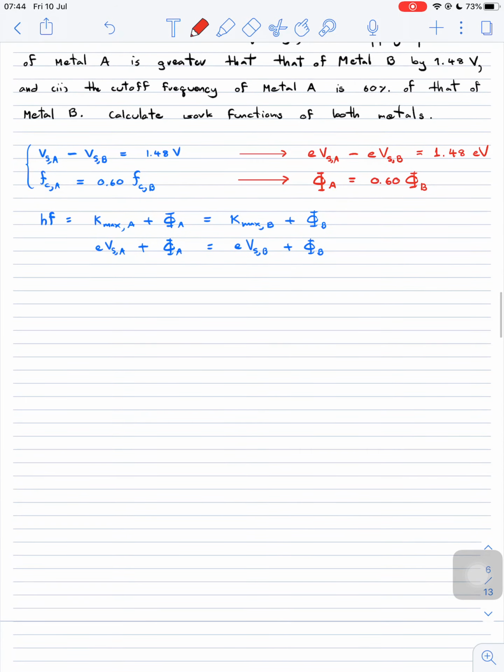Now if I move the eVsB to the left-hand side, we get that eVsA minus eVsB, which is equal to 1.48. Then let me plug in phi A into this equation.